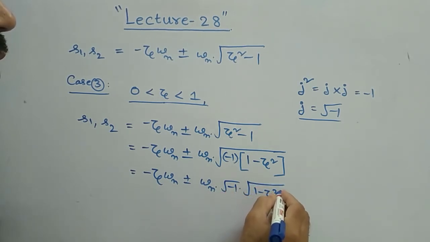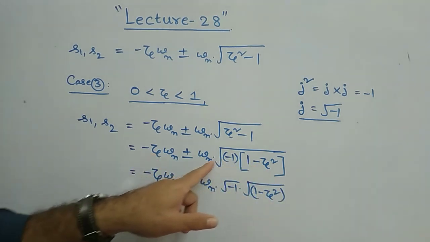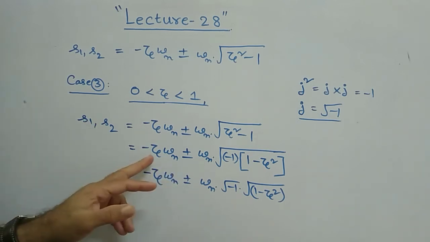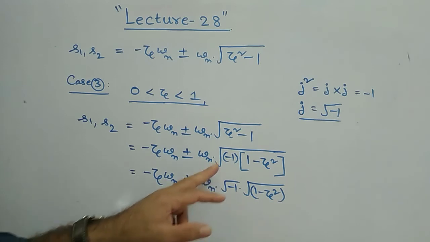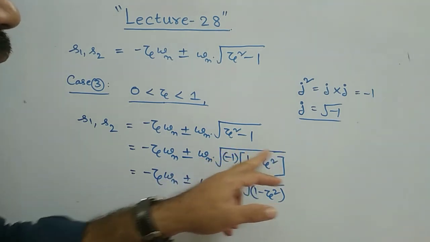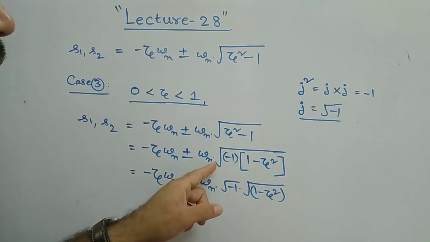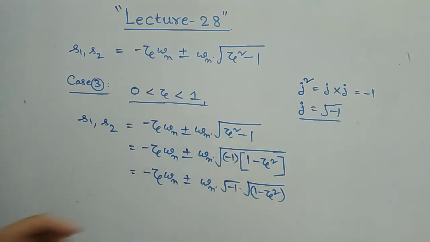Can I write like this? Just as it is, I am writing in the subsequent step: minus zeta omega n plus or minus omega n, the same as mentioned. Here, in this total square root, I am writing very clearly root of minus 1 into root of the second term. Why?